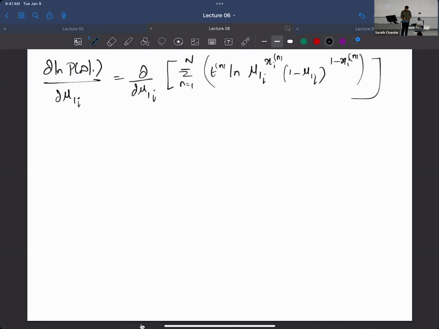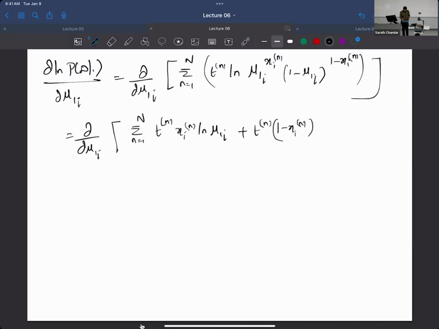So this can be written as dou by dou mu 1i of summation n is equal to 1 to capital N, Tn, xin ln mu 1i, since ln a power b is just b log a, plus Tn, 1 minus xin, times ln 1 minus mu 1i.